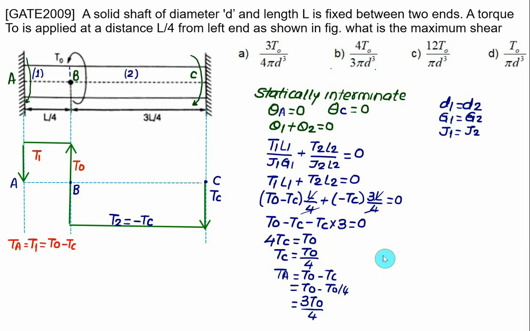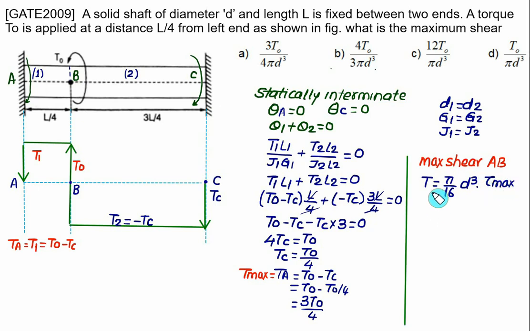But we are interested in the maximum shear. So out of TC and TA, TA is the maximum value. So this will be Tmax, and Tmax is equal to TA, which is equal to T1. So we have maximum shear in the shaft AB, and we can obtain it as torque equal to pi by 16 into d cube multiplied by tau max.